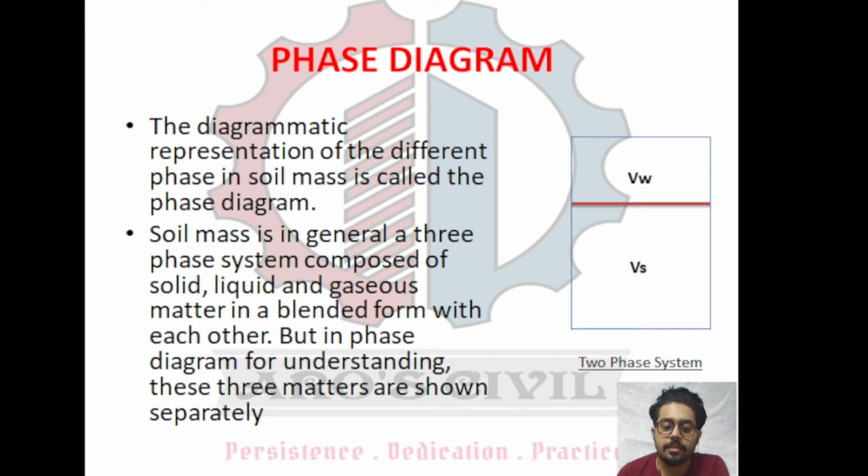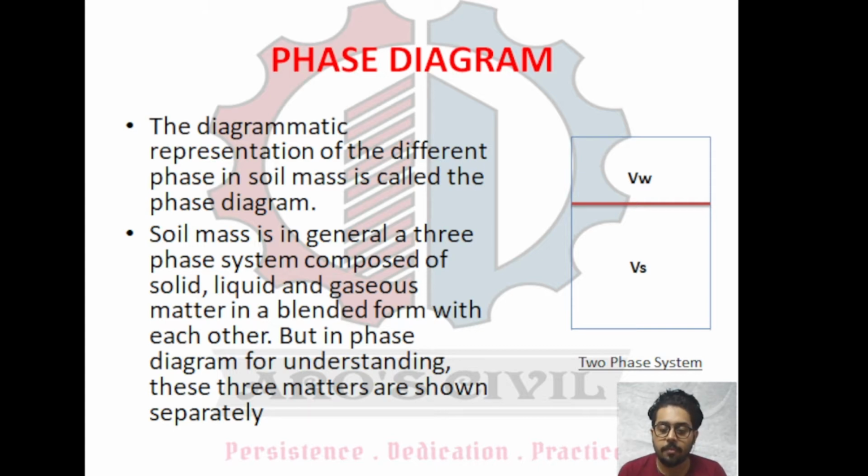A soil mass is generally a three phase system composed of solid, liquid and gaseous matter in blended form with each other. But in a phase diagram, for understanding, these three matters are shown separately. In reality these three matters are mixed together.